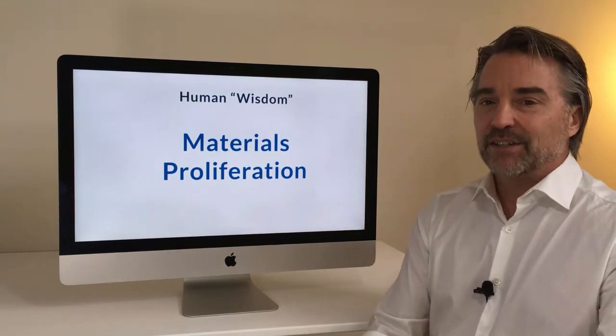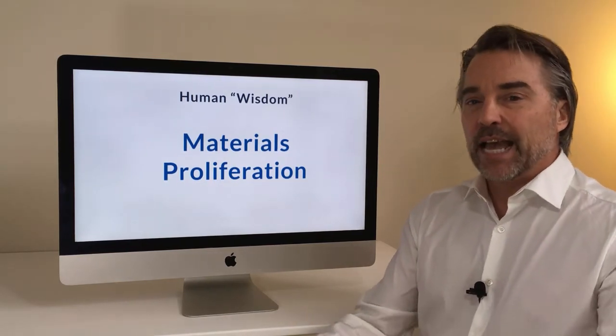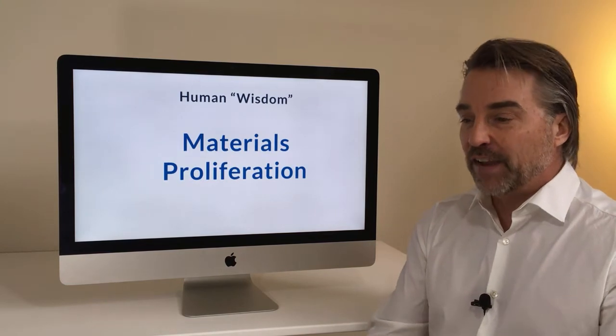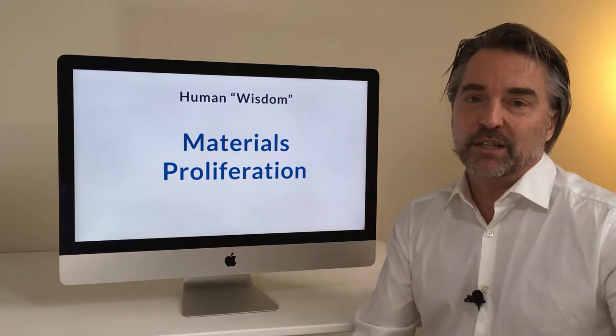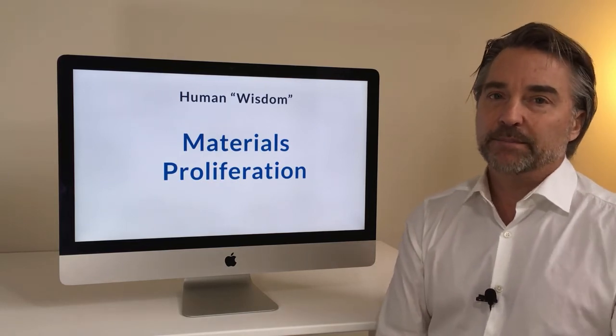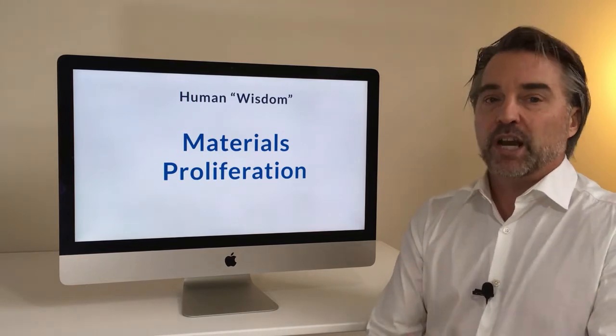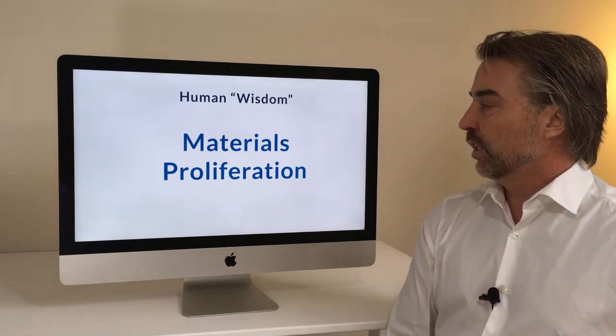It's hard to get an accurate estimate on the actual number of chemicals that are available, both commercially or just in the world, because they're being created and fabricated at such a high rate. So we really don't understand the full range of this materials proliferation we're living in.